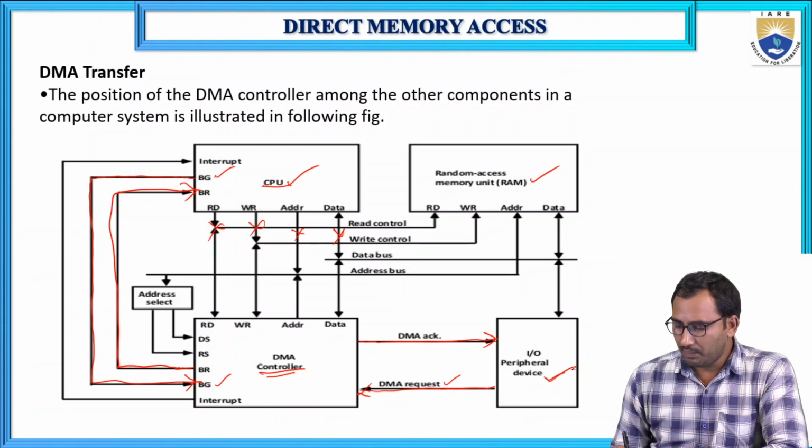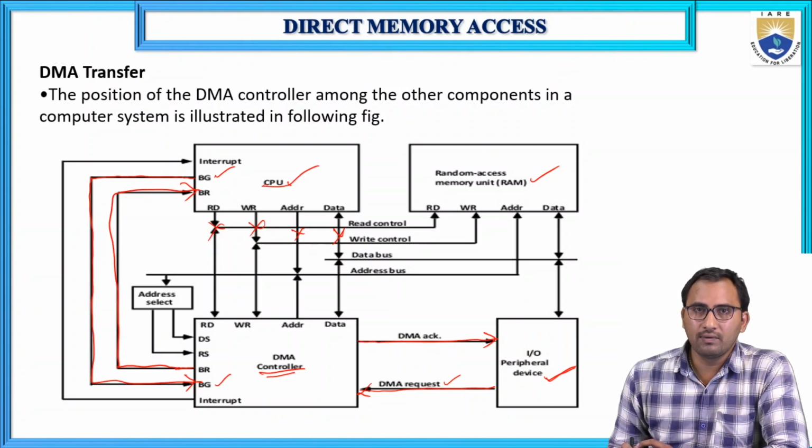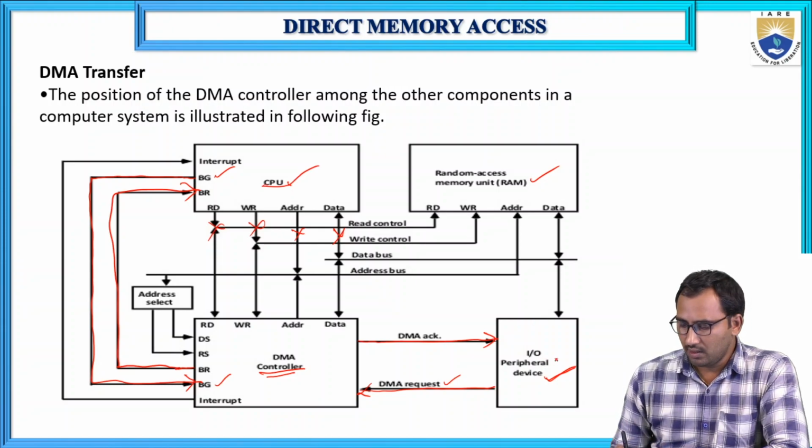When the peripheral device receives a DMA acknowledgement signal, the IO device will initiate the data transfer from the IO device to the memory through the DMA controller and without involvement of the CPU. That is called direct memory access, DMA. Then the IO device will start transferring data from the peripheral device to the memory.